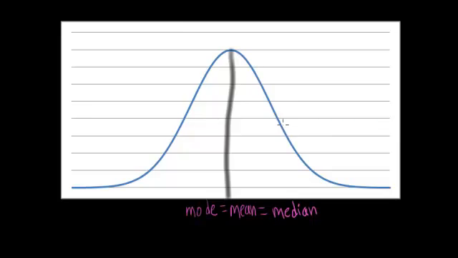Now let me take a minute here to remind you that this normal curve gives us the same information as a histogram. What I mean by that is up here on the vertical scale is our frequency.